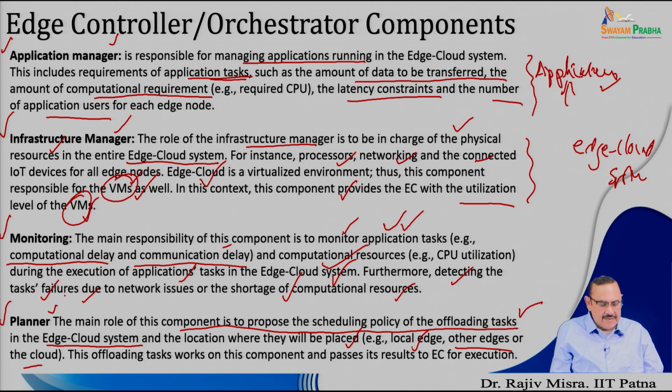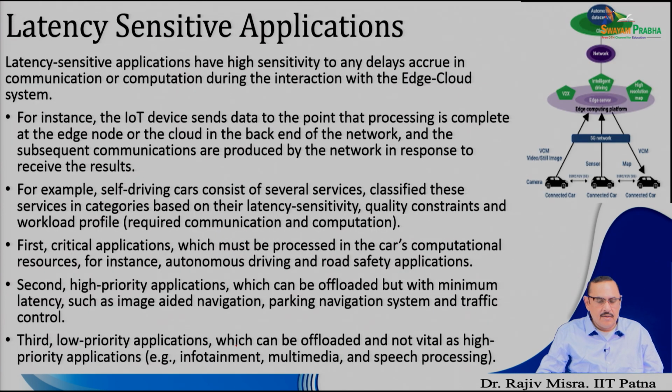The more this planner uses AI and ML system models, the closer it becomes to a peer, like the cloud system, and thereby edge computing grows. So, the offloading task works on this component and passes the result to the edge controller for execution.